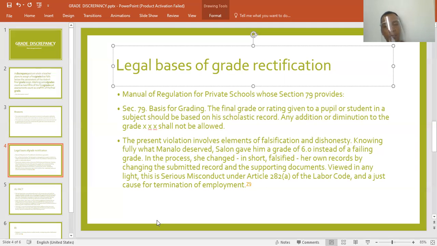Viewed in any light, this is serious misconduct under Article 282 of the Labor Code and a just cause for termination of employment, whether you are a teacher, a school head, an academic coordinator, and the like. So you are under the Labor Code because you are teaching in a private school. That is one. Falsification and dishonesty are grounds for termination.